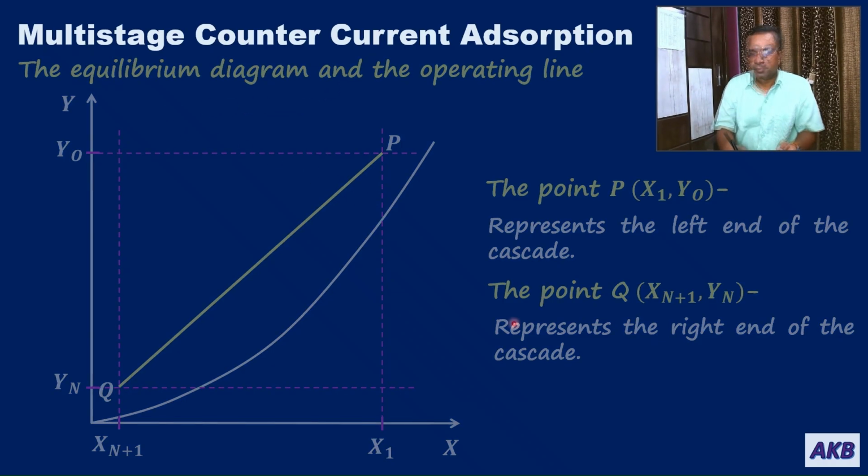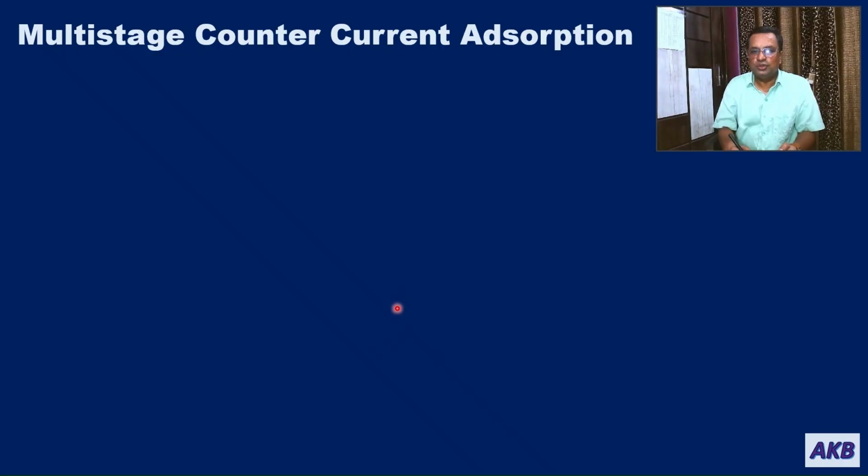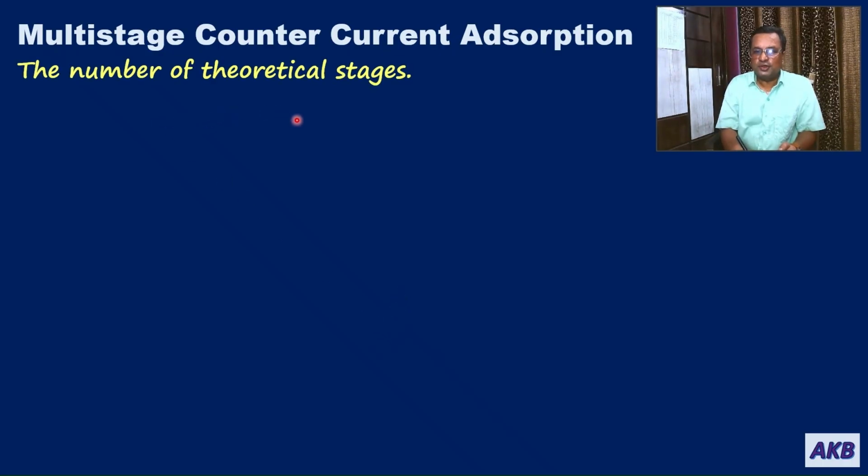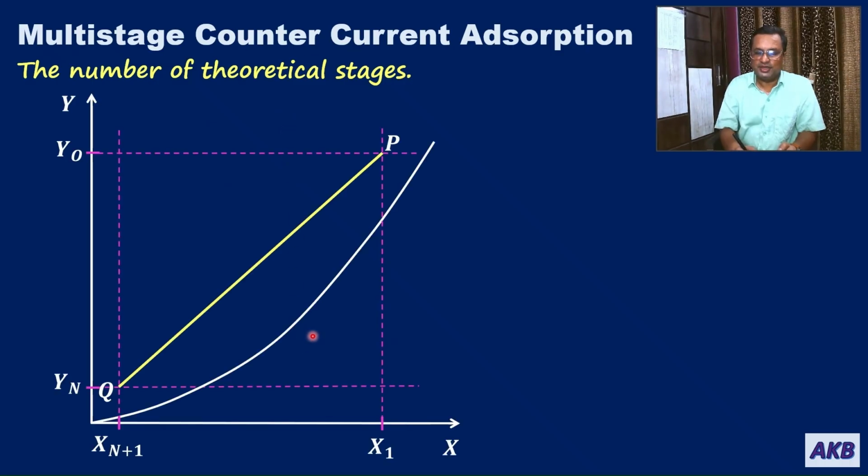Let us move ahead. Then we will know how to plot the number of theoretical stages, and we are going to do that on the equilibrium diagram. So you have the equilibrium curve and then the operating line. The theoretical stages will be drawn between the operating line and the equilibrium curve. So you are going to start at point P, travel vertically to reach the equilibrium curve.